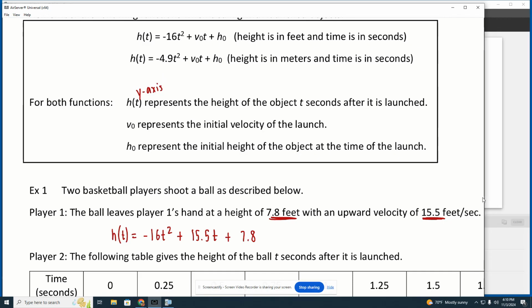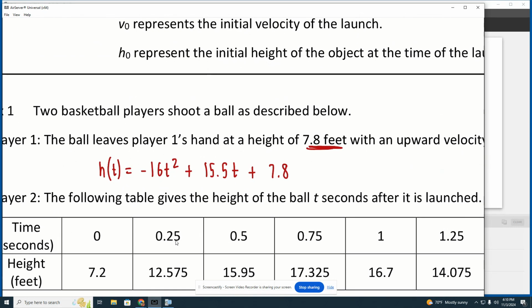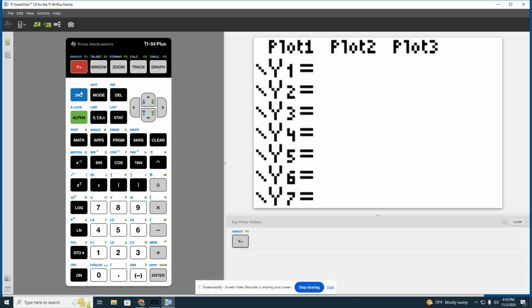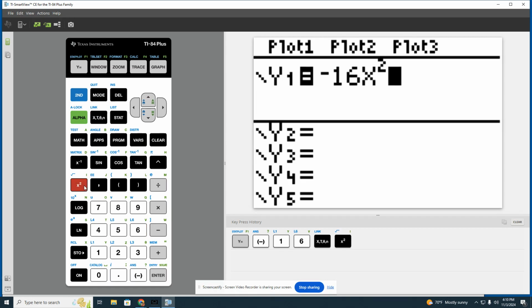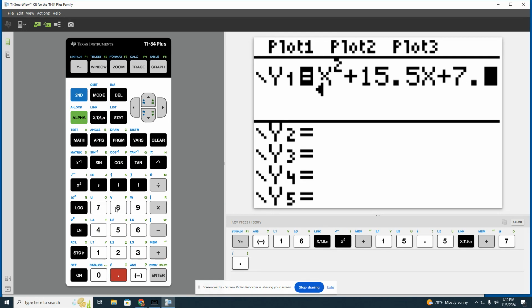Now, I want to first take some time to go graph this equation and just learn a couple things about it. Let's go to y equals, and let's type this thing in. Obviously, in lieu of t, I'm going to use x. So it's negative 16 x squared plus 15.5 x plus 7.8.